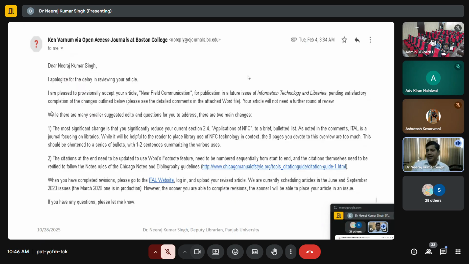Then I realized that the editor had not even tried to read my abstract. Because this is a very highly reputed journal, a Scopus tier 1 journal published from the USA. So these USA people have a perception about Indians, that Indians are not good in writing research papers, specifically in social sciences. Because of this perception, he rejected my paper.